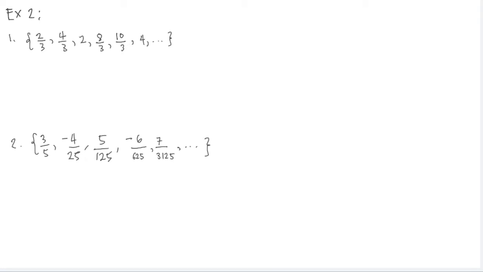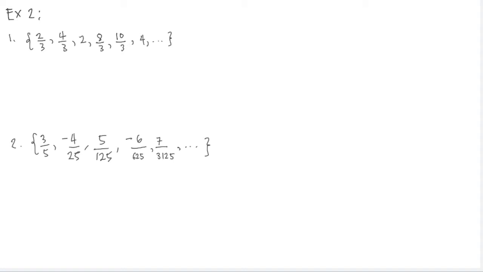For example, if we try multiplying by 2 to get 4 over 3, 2 thirds times 2 is 4 thirds, but 4 thirds times 2 is 8 thirds, and that's not equal to 2. Thus, the third term is 2 and not 8 thirds. So multiplying by 2 is not the correct pattern.